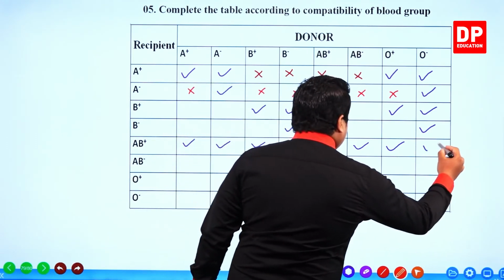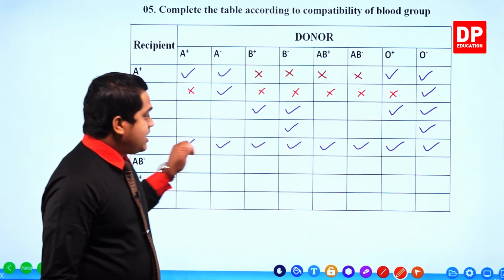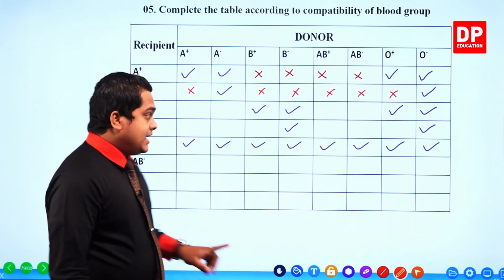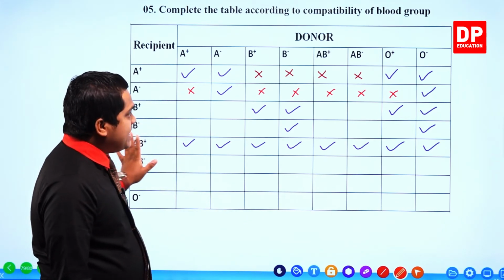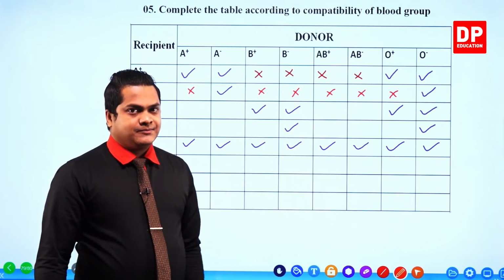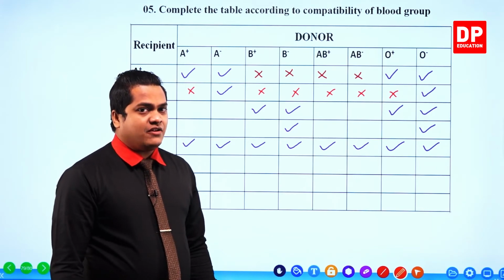That means you can see all the ticks are now fulfilled. AB plus can receive blood from any of these groups.